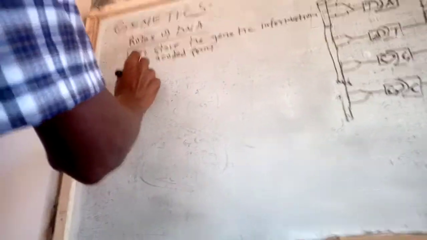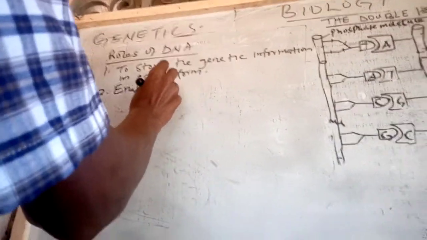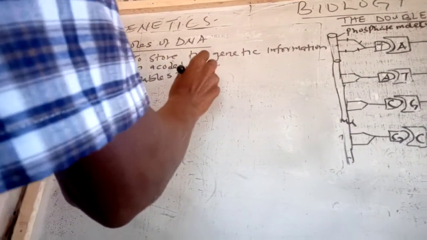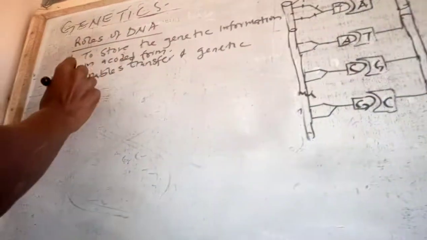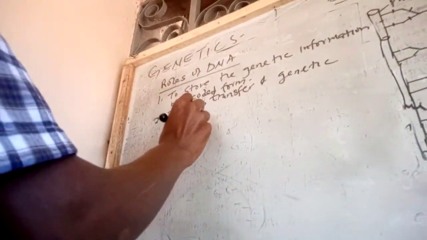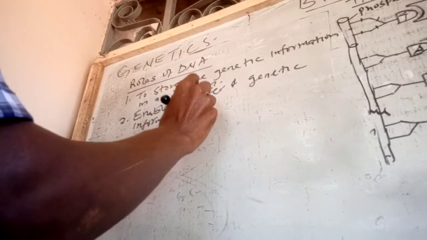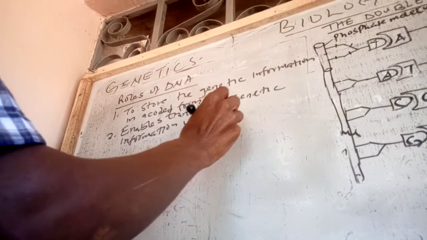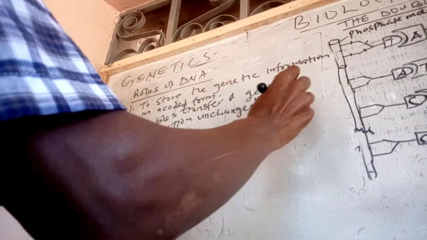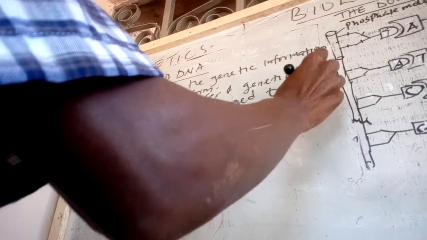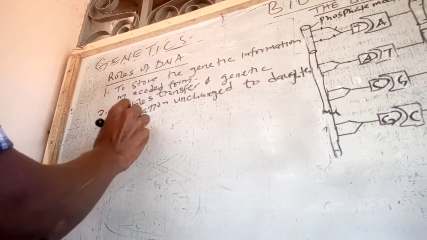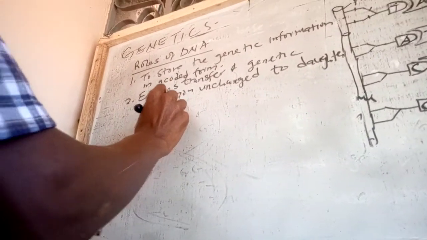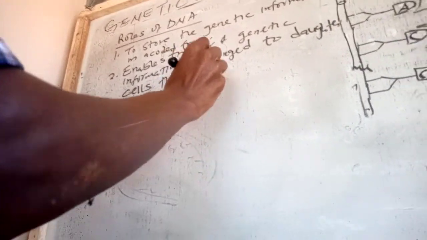The second one is to enable transfer of genetic information unchanged to daughter cells through the process of replication.